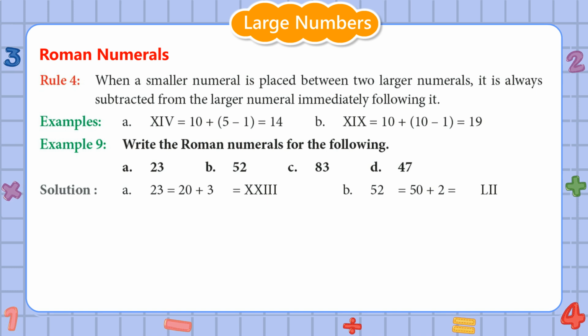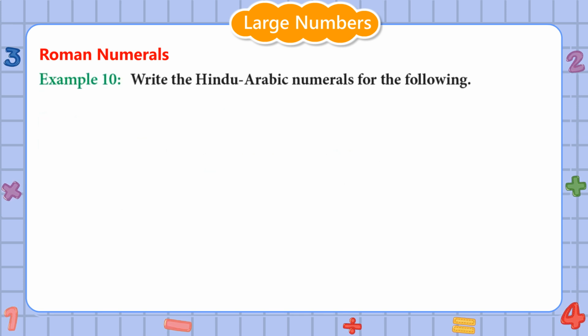B. 52 is equal to 50 plus 2 is equal to LII. C. 83 is equal to 80 plus 3 is equal to LXXXIII. D. 47 is equal to 40 plus 7 is equal to XLVII.